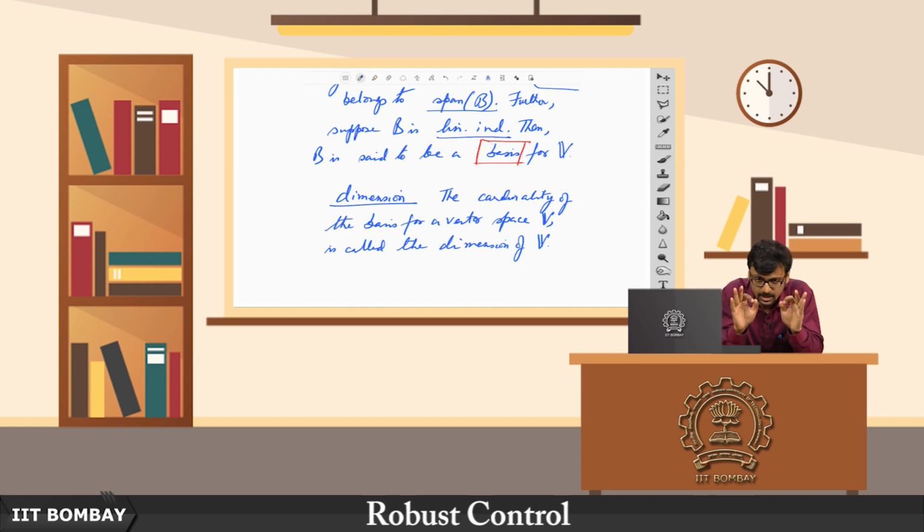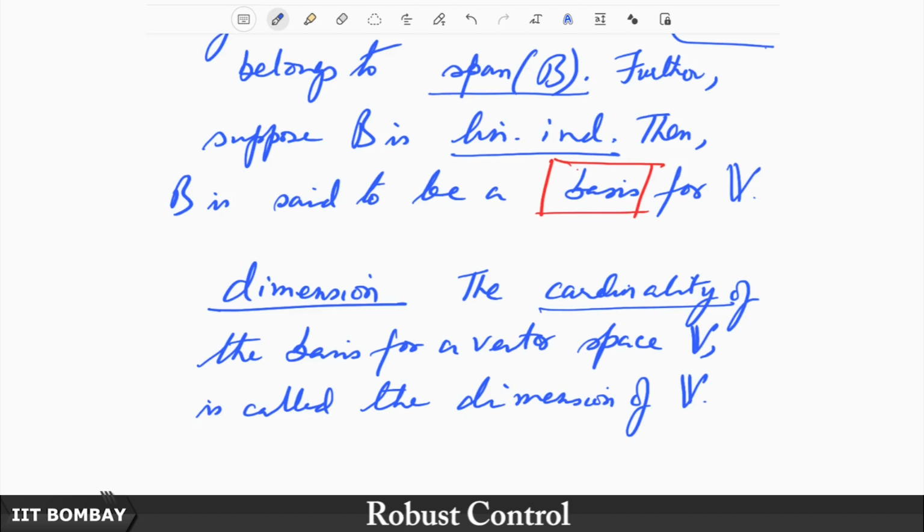Basis is a set, not a vector space, and therefore, it makes sense to talk about the cardinality of a basis, because it can have a finite cardinality. Cardinality, for those of you who are unfamiliar with it, you can just think of as the number of elements in a set. For example, if a set has 5 elements, its cardinality is 5. If a set has 5 million elements, its cardinality is 5 million.